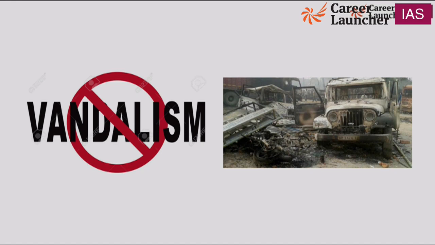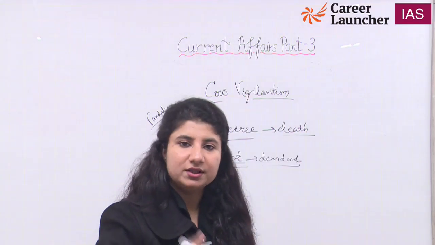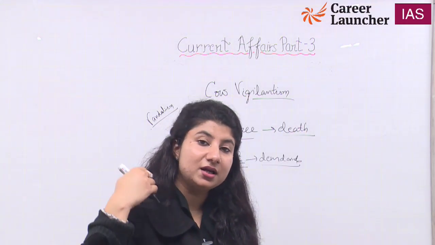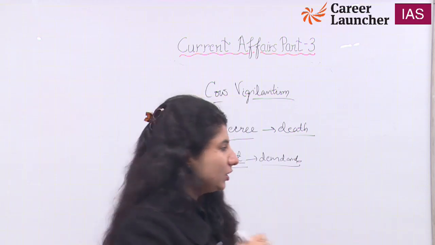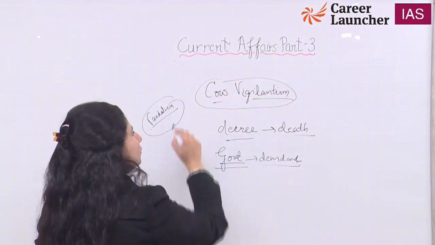That is destruction of public property, known as vandalism. The cases of vandalism are also there in our country. We have seen the worst examples in Haryana, the Jat agitation for reservation, where the complete railway tracks were uprooted, right?